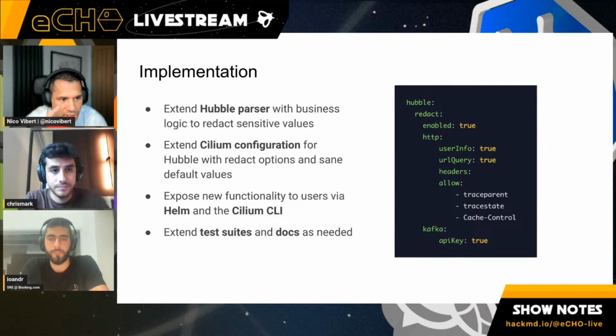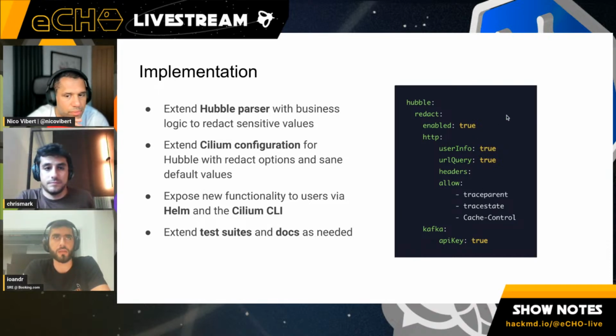So you have to provide the key of the header key-value pair. This is actually the name of the header. And then for Kafka, it's another global setting that hides the API key because it's a single thing. It was quite challenging to deal with the headers, but I think Chris did a great job there. It's most of his contribution on that part.